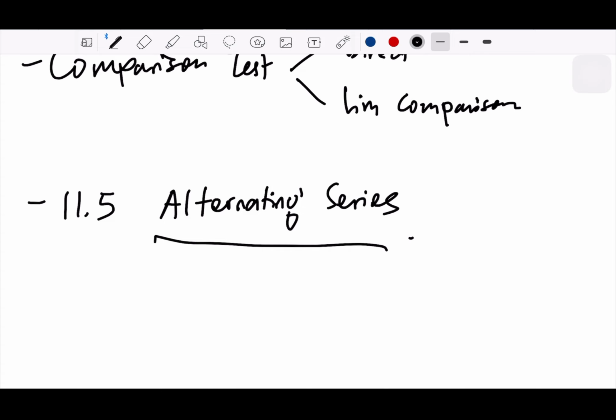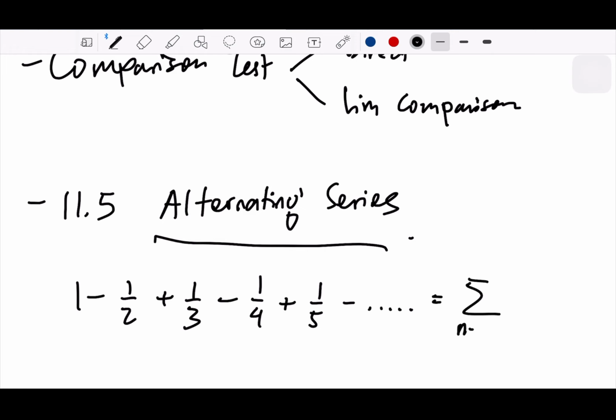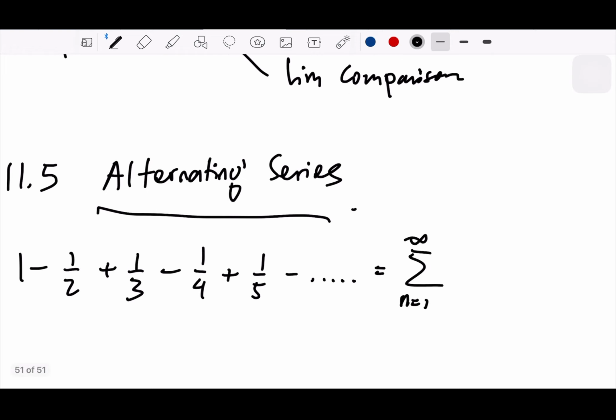So the signs will change, maybe positive, negative, or negative, positive, negative. As an example, maybe you have 1, and you know the alternating signs by looking at the formula, -1.